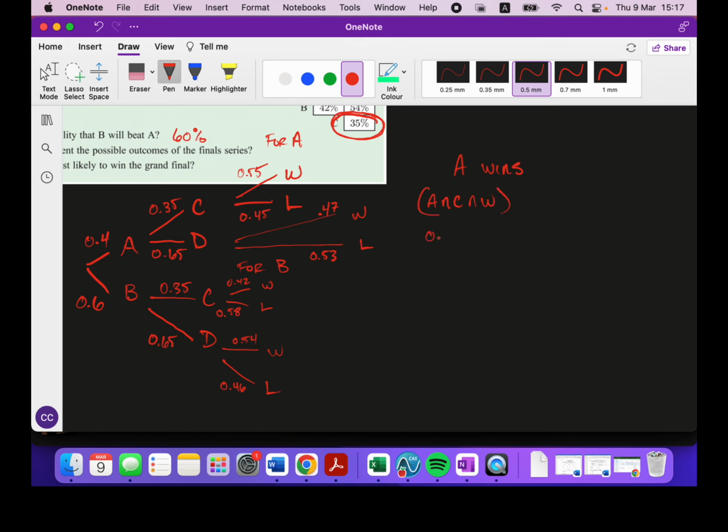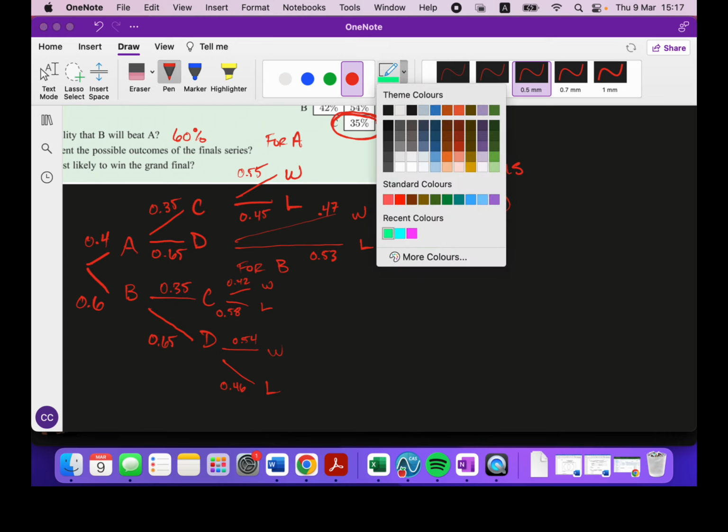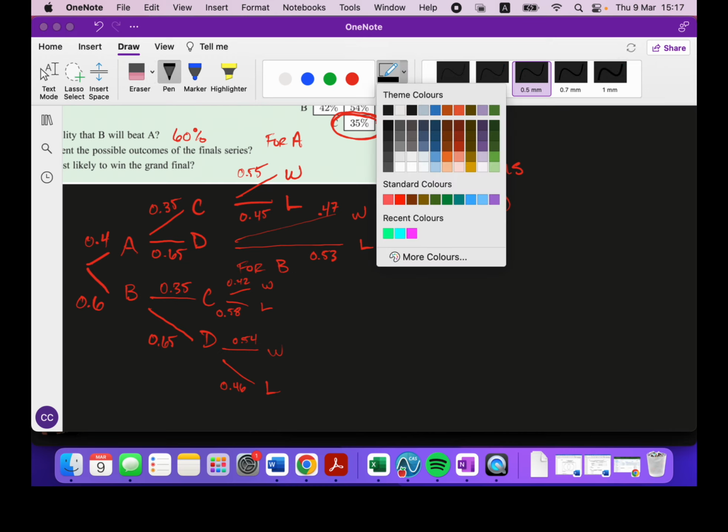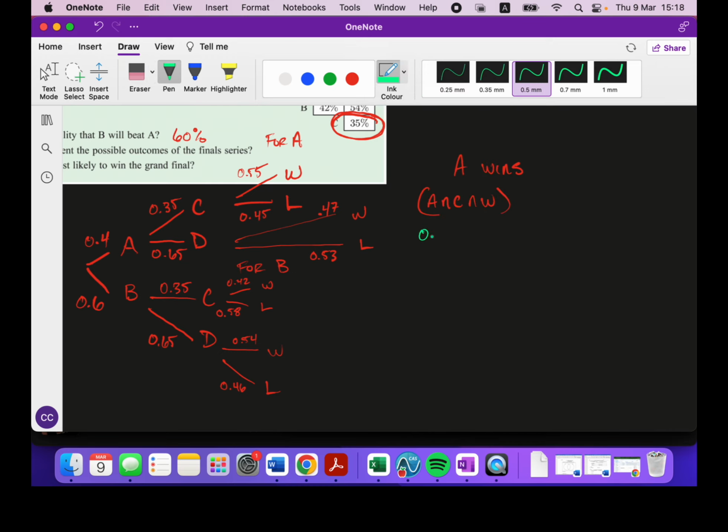So that's 0.4, getting it from there, times 0.35 times 0.55.